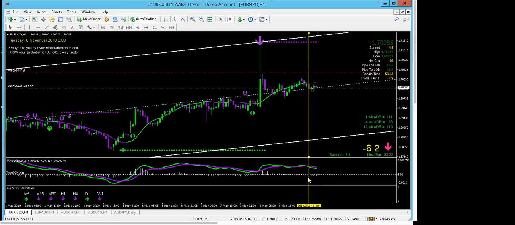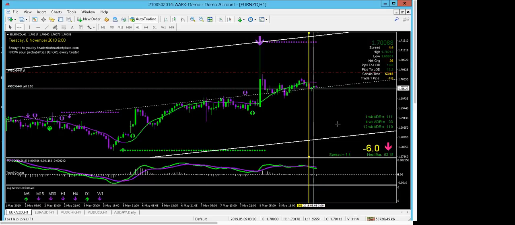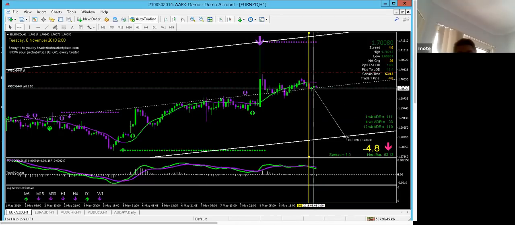See where my yellow line is? All those extra indicators, we don't need them. And here's why. We have enough confluence right here that says this is going to go down for enough pips. Do we know for sure that it's going to go down forever and it's not a retracement? No, we don't. There's no one who knows that. But I expect that we easily pull out 100 pips.